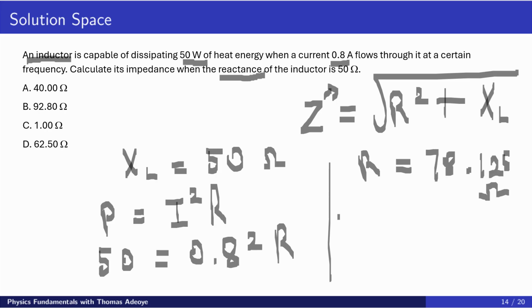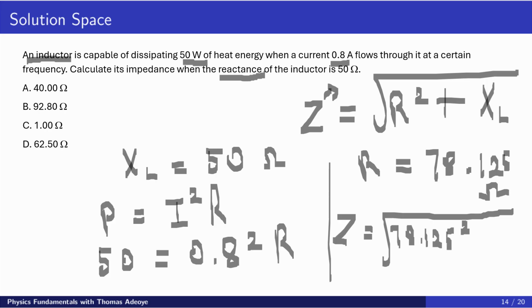Now to calculate the impedance, that will be the square root of 78.125 all squared, plus the inductive reactance 50 squared. If you do the math well, you should get 92.75, that will be 92.8 ohms, and the answer will be B.